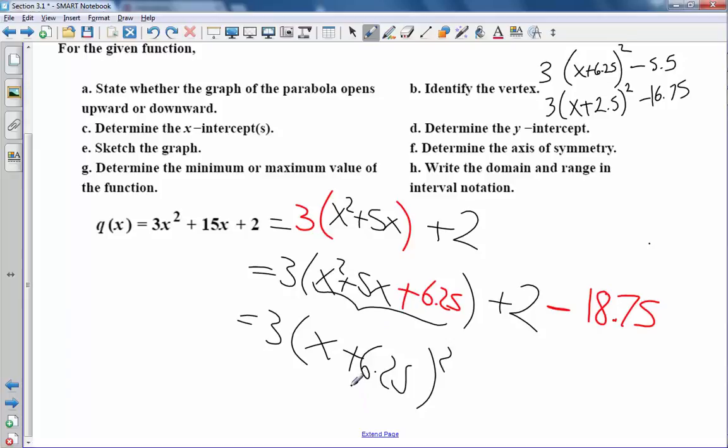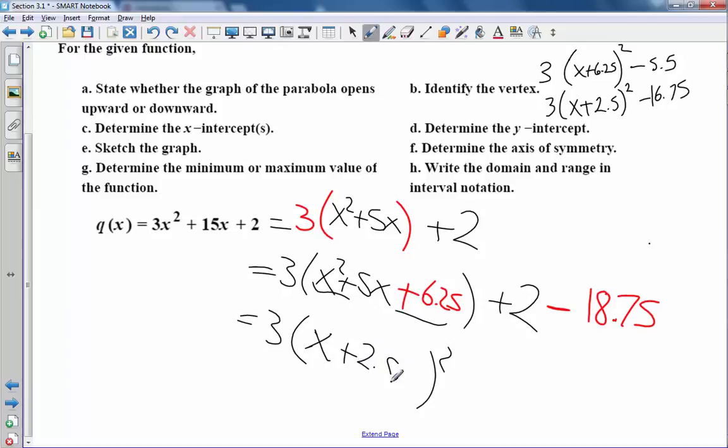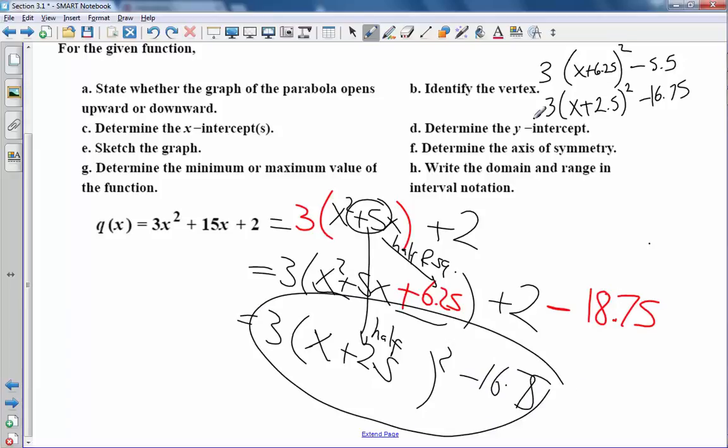We take which number? Half of this guy, 2.5. Half, squared. And this is 16.75. Good job. Okay?